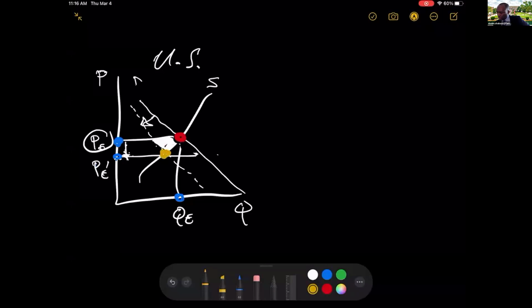If you look at this demand curve here, as I said, it has shifted. But if you keep your price here, you're going to have a difference in terms of your quantity demanded versus quantity supplied.